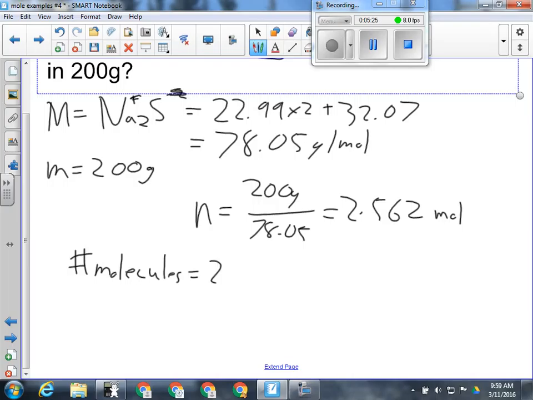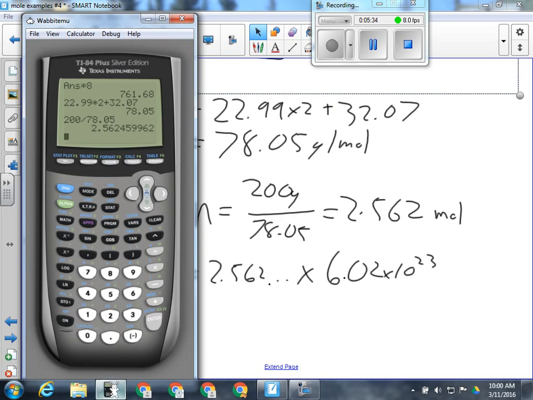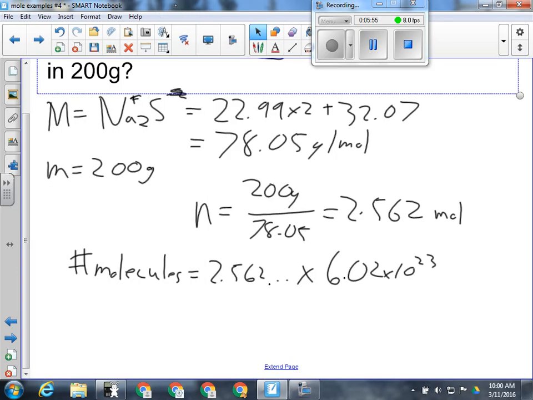So we have 2.562 times Avogadro's number, 6.02 times 10 to the 23. I go in here and multiply, and it keeps my answer with all the decimal places. So I've got 1.54 times 10 to the 24 molecules.